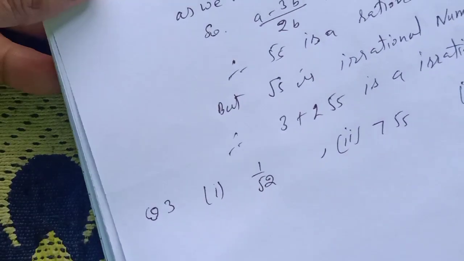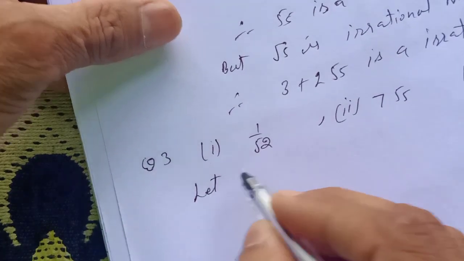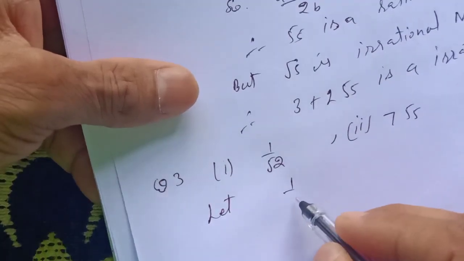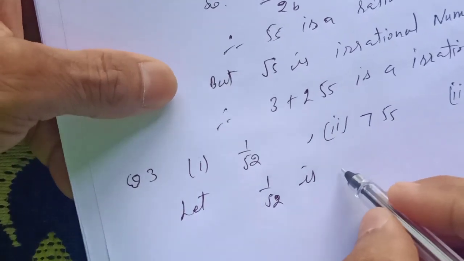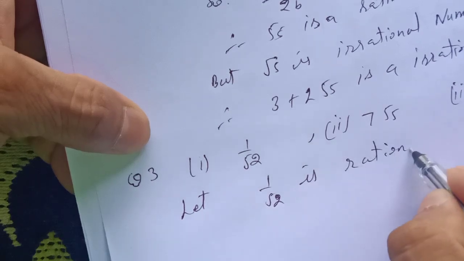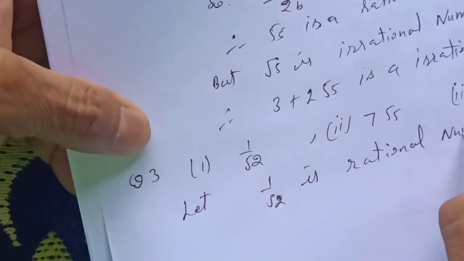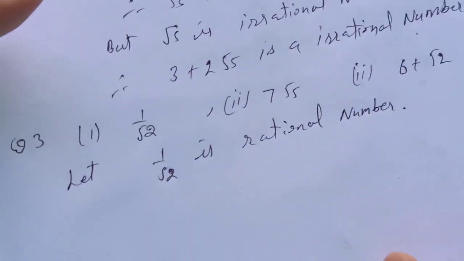Now we have to do this first part. Let 1 by root 2 is a rational number. We have followed the same step in every questions.